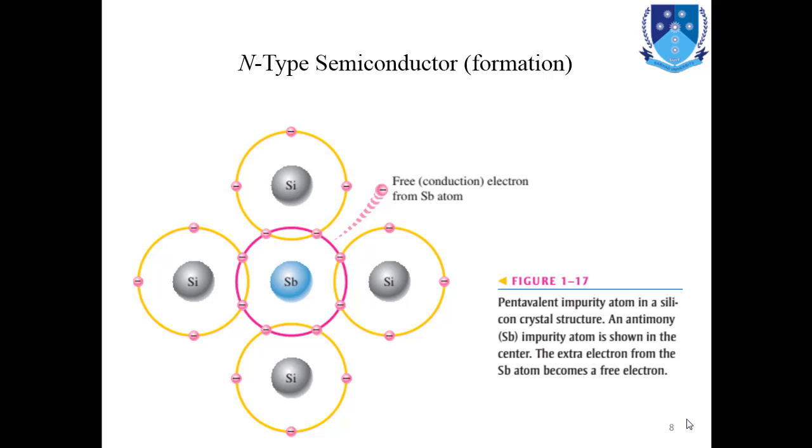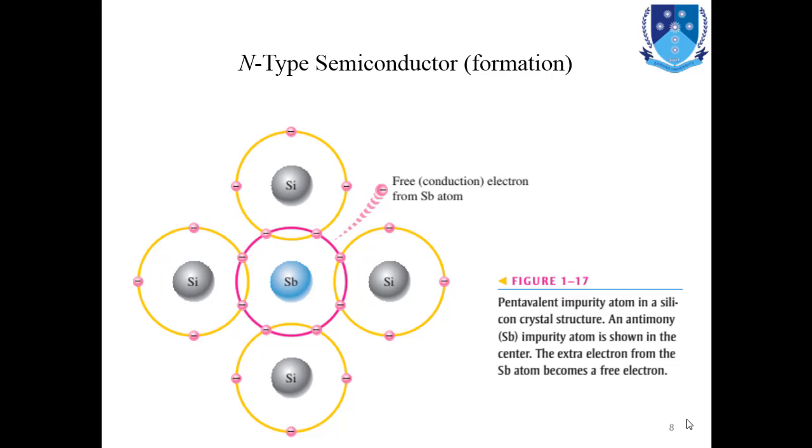Here you can see that we have added a pentavalent impurity atom in a silicon crystal structure. An antimony impurity atom is shown in the center of this crystal. Here the extra electron from the antimony atom becomes a free electron.